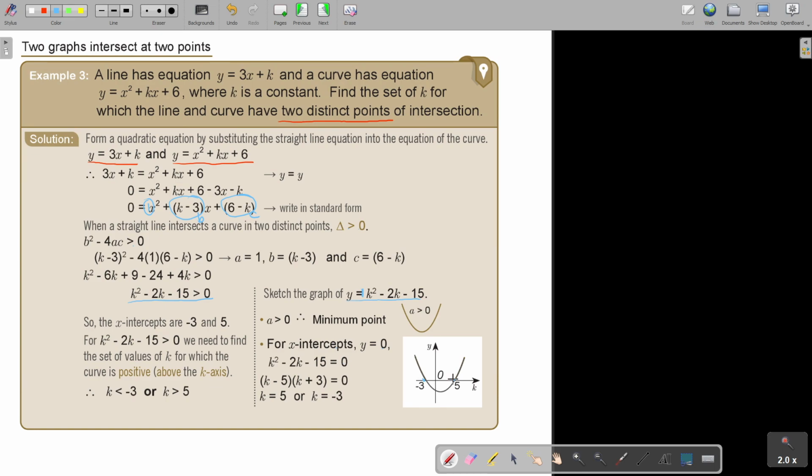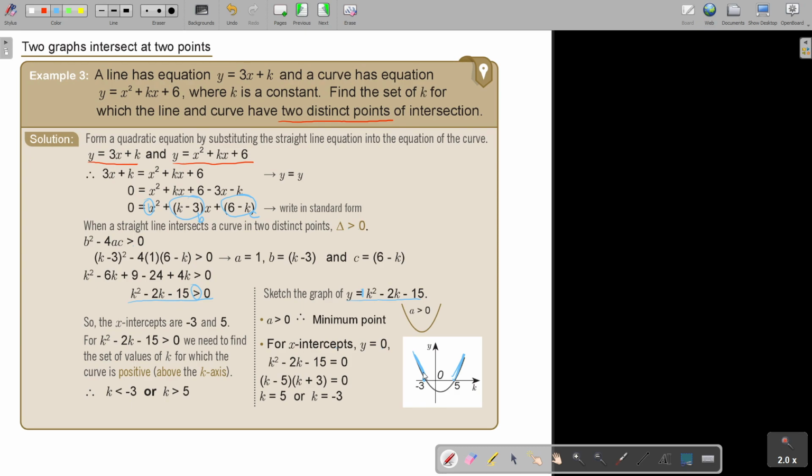And I know, because that sign says bigger, I highlight the top of the x-axis. If it's smaller, which we will come to in the next part, when there is no point of intersection, then sometimes you highlight below the x-axis. And then as soon as you do it, you can see the answer already. So if it intercepts at -3 and 5, we need to find the set for which the curve is positive.